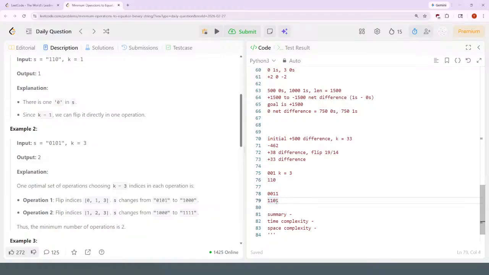The correct solution was going upwards, right? It was going from 2 zeros to 3 zeros. And then you have 3 zeros, and you want to make them all ones.